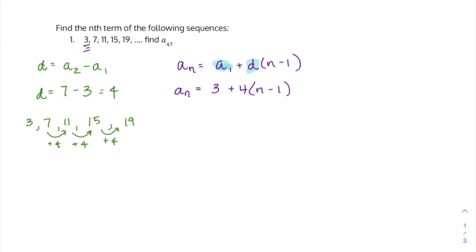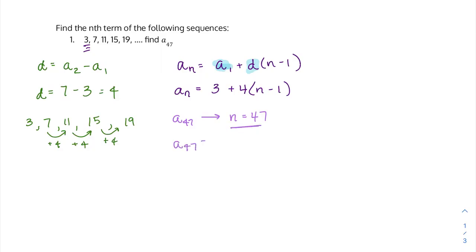So now if I want to find A47, that tells me that I'm looking for the 47th term. Remember, N is your position in the sequence, so I'm looking for the value of the term in the 47th position. To find that value, I need to input N into my equation.